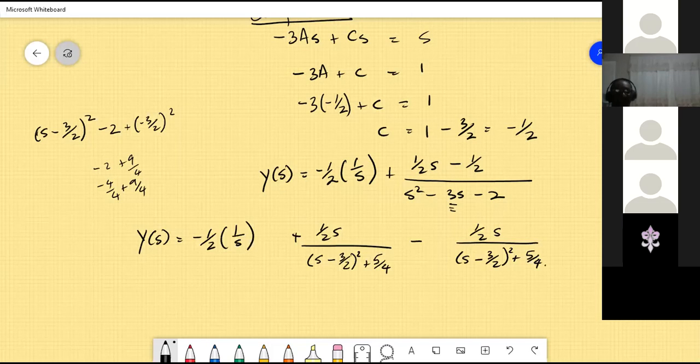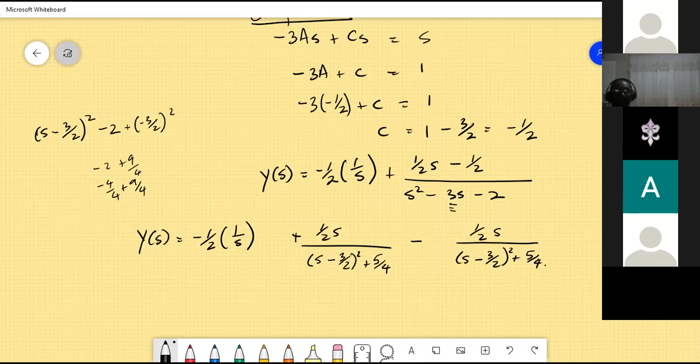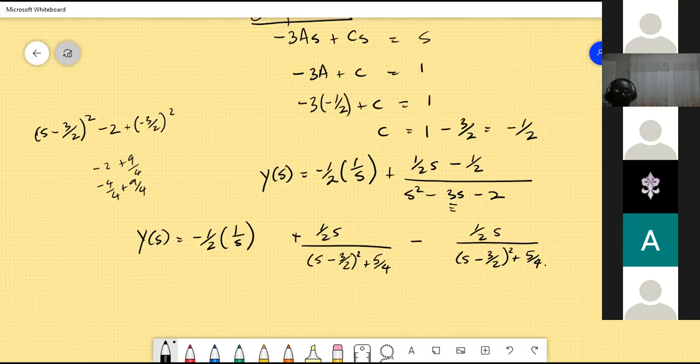All right, so we could get the Laplace transform table. Sir, the 5 over 4 looks wrong. That's supposed to be 1 over 4? Yes, sir. Minus 2 plus 9 over 4 is a quarter. You have minus 4 over 4, so minus 4 over 1.